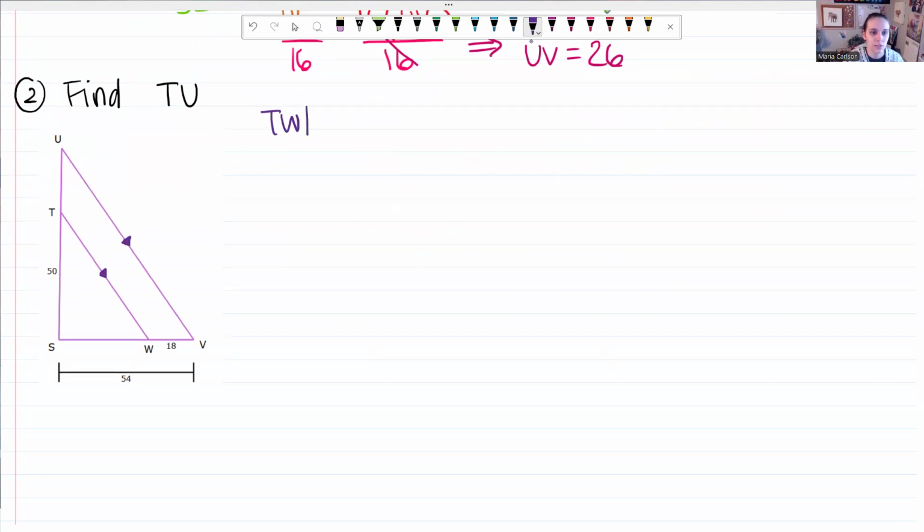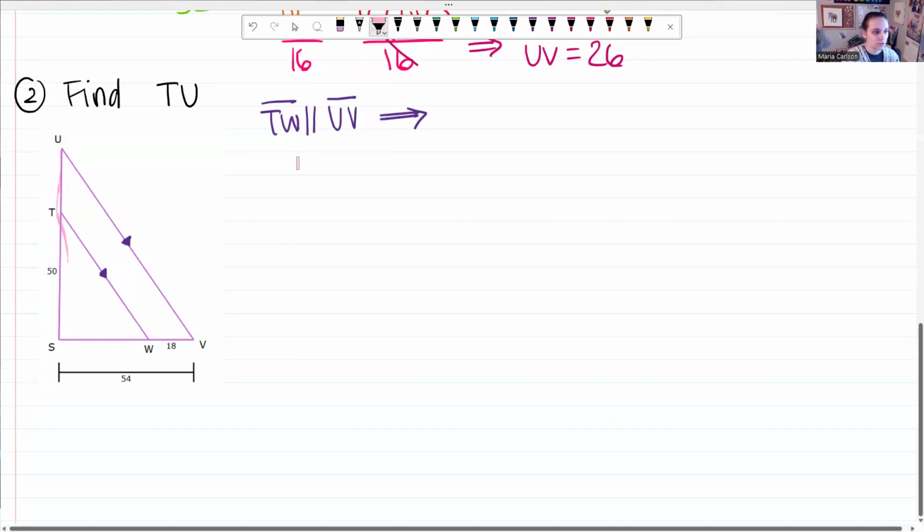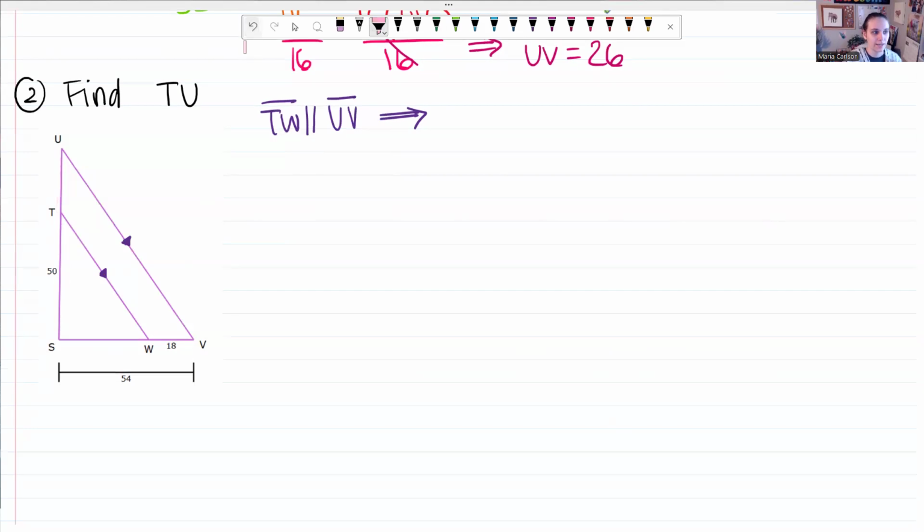So TW is parallel to UV, which means I can use that triangle proportionality theorem. So I can divide, right? U over T is equal to T over S.